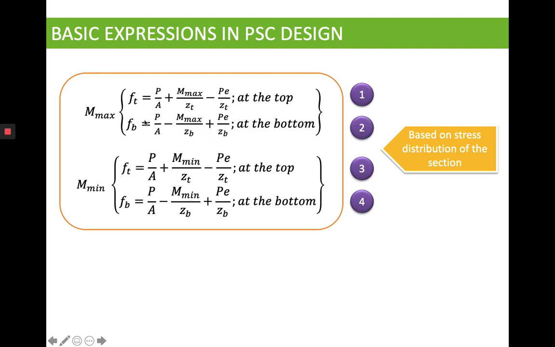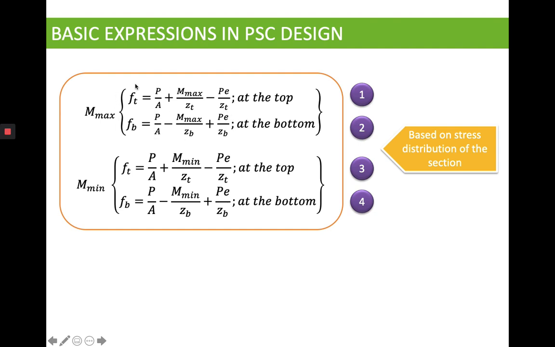We can see the first portion of the equation is due to the pre-stressing force. As for the second portion of the equation, it is based on the bending stress of our beam. Then the third expression is due to the eccentricity of the tendon, which is also known as the location of the tendon.